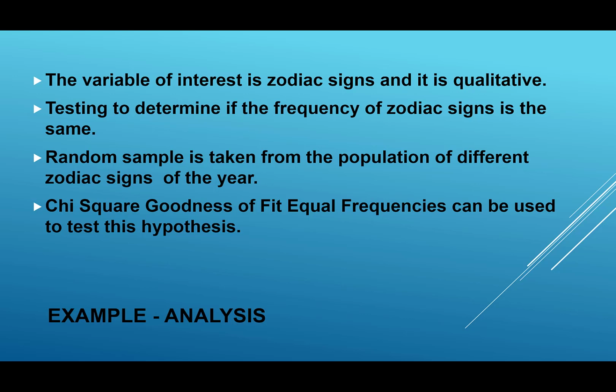We are testing to determine if the frequency of these zodiac signs is the same. And we have random samples that are actually taken from different populations, and those different populations are the zodiac signs in a given year. So we have determined that we can use the chi-square goodness of fit equal frequencies to do this test.